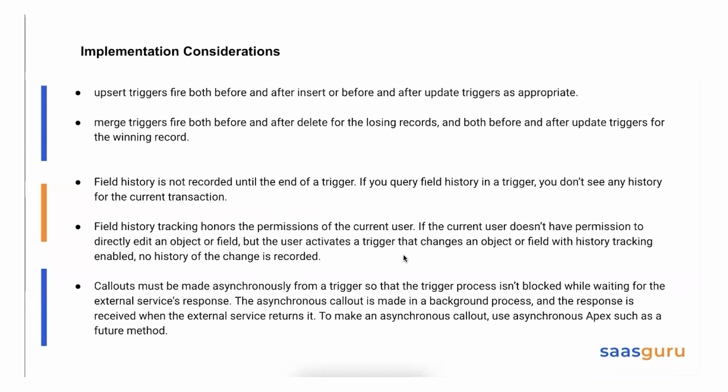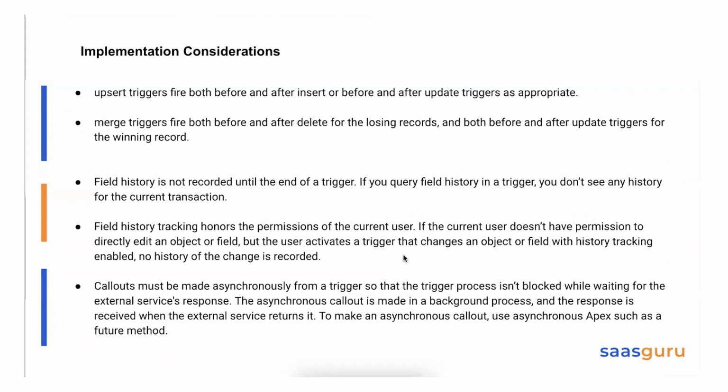And field history also carries permissions. If I want to access some field changes and I don't have access to that field, then I can't access the field history tracking details in the trigger. So permissions are enforced for those as well.